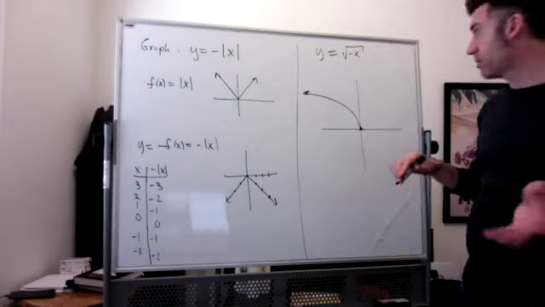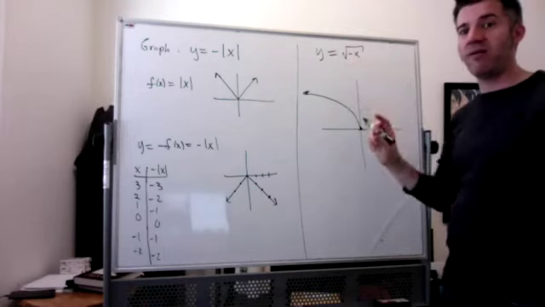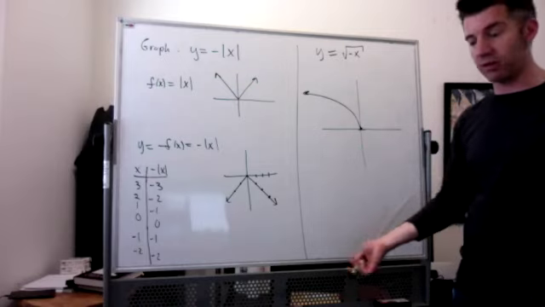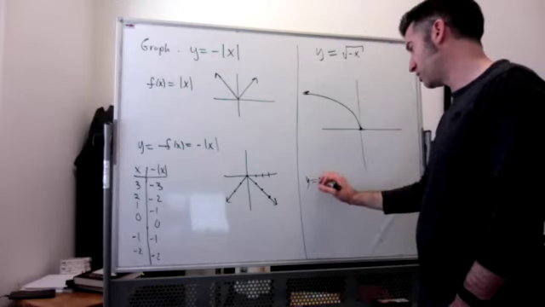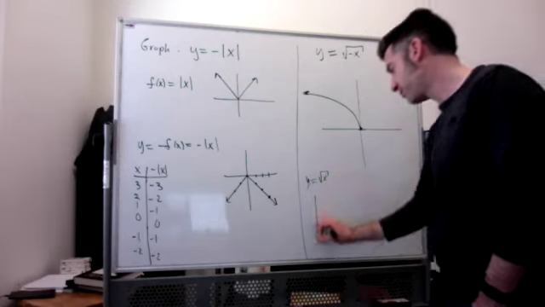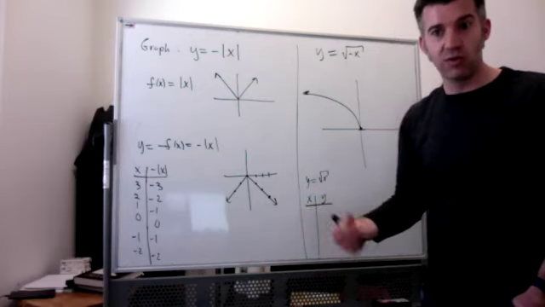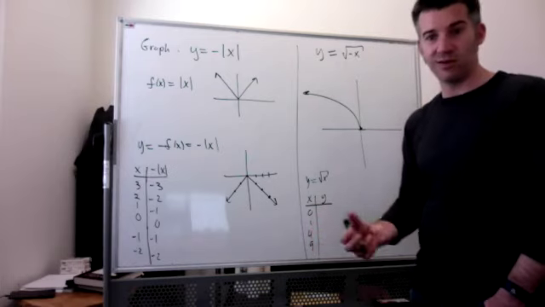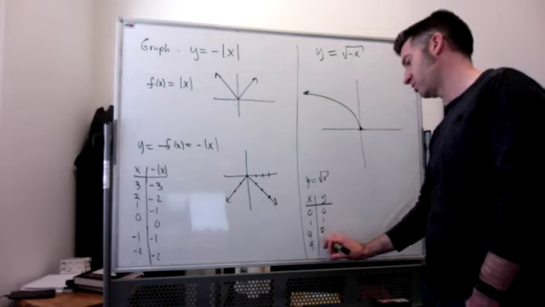On the other hand, if you have a negative on the inside, well, now you're having to change your x values to get the same usual corresponding y values, right? If we were doing y equal to the square root of x, my usual choices for x would be 0, 1, 4, 9, because those are the easy ones. Square root of 0 is 0, square root of 1 is 1, square root of 4 is 2, square root of 9 is 3.